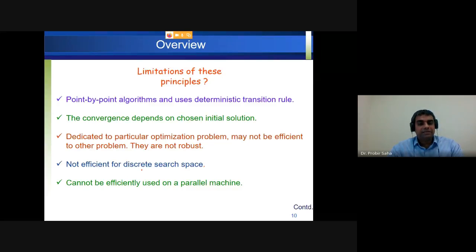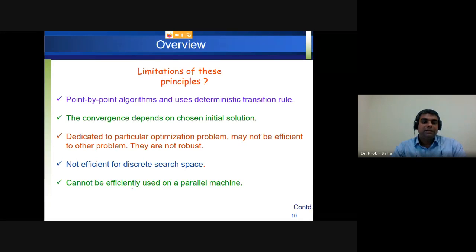For direct search, we generally use the objective function and the constraint functions directly in the search space. In the case of gradient descent methods, we do first order and second order differentiation. To get the derivatives, you need to have a continuous function. If the problem statement does not follow a continuous function, then possibly you cannot apply this derivative approach. So that way, it is not efficient for discrete search spaces.